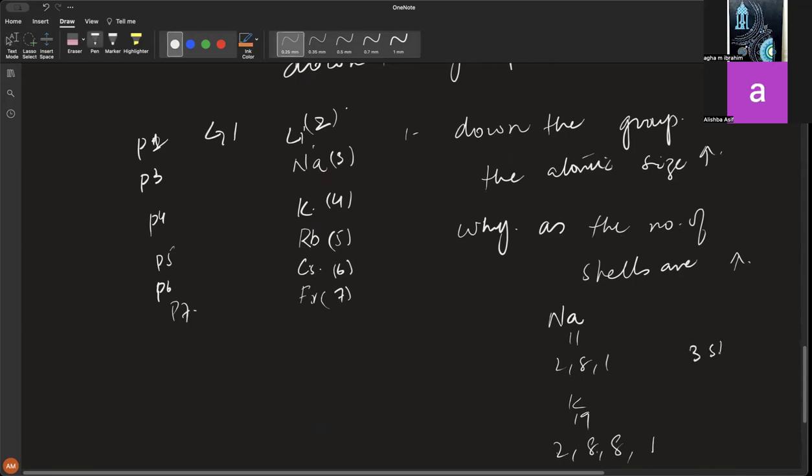Sodium has 3 shells. It means which period is it in? The number of shells is the same as the number of the period, right?